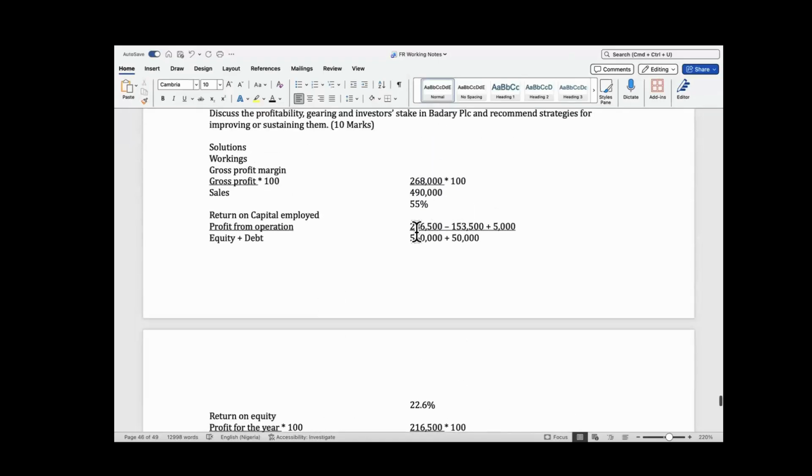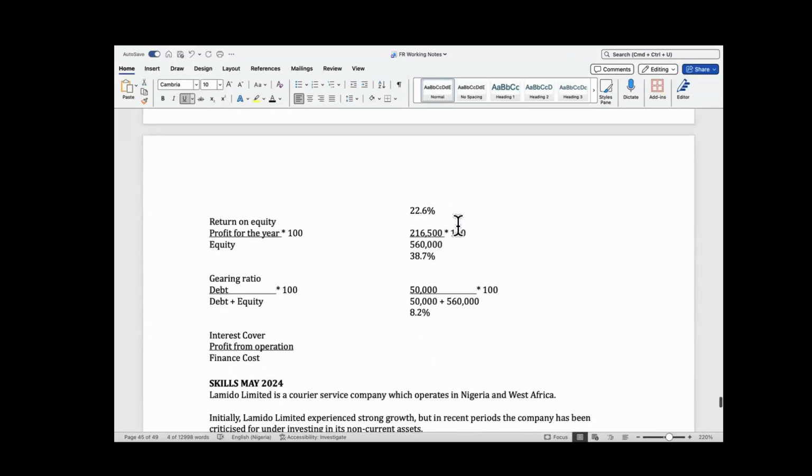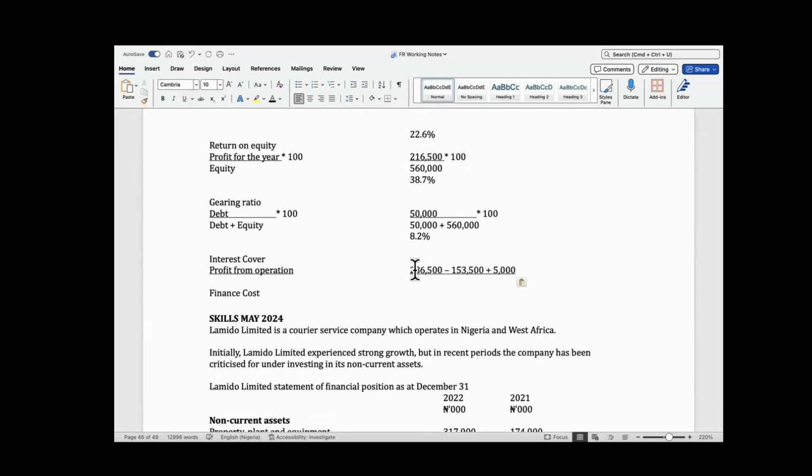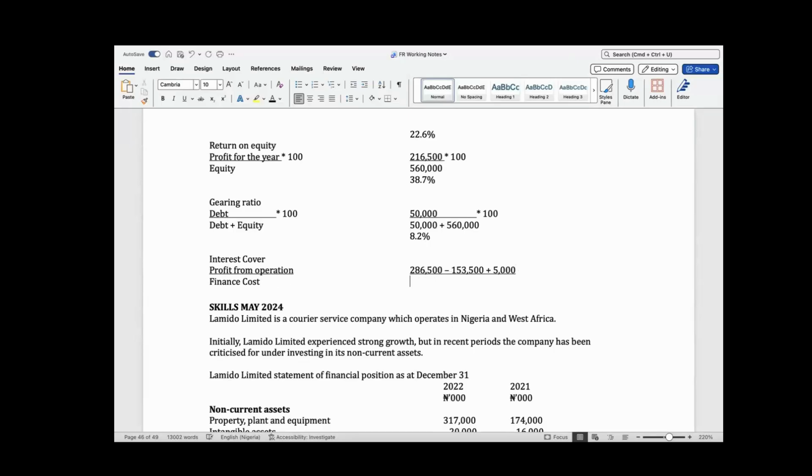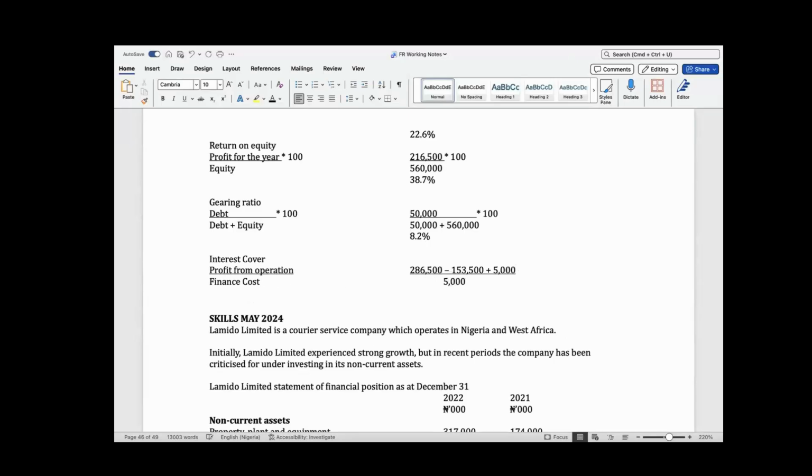We already computed profit from operations. So what did we get from up here? 27.6.